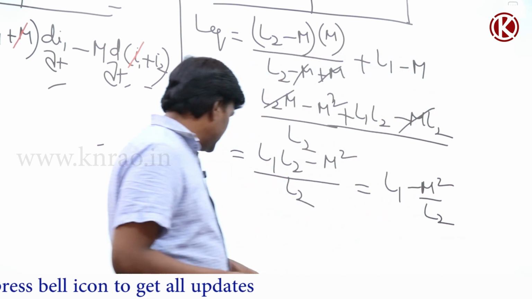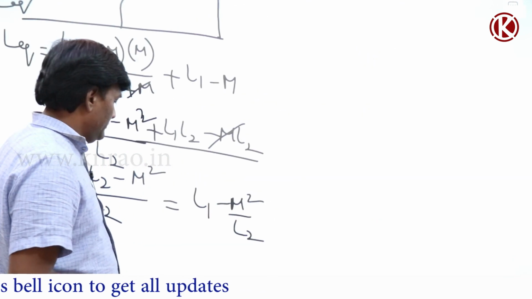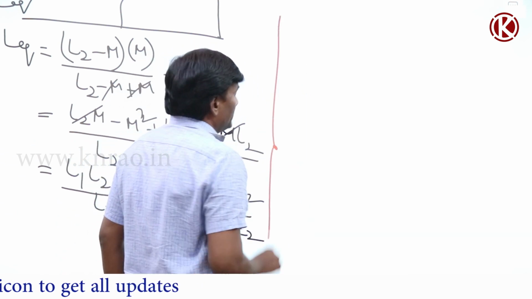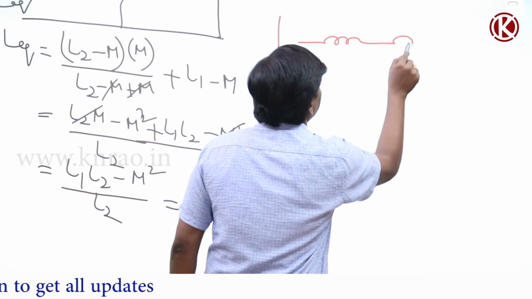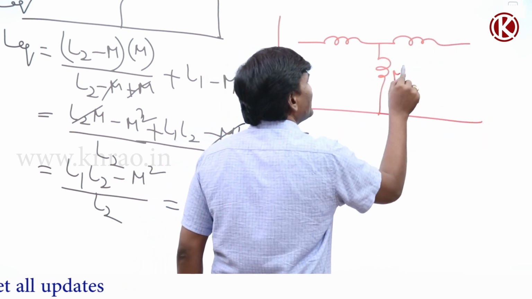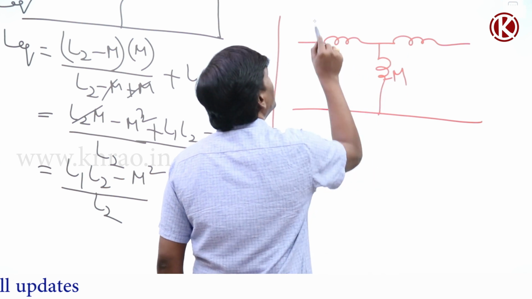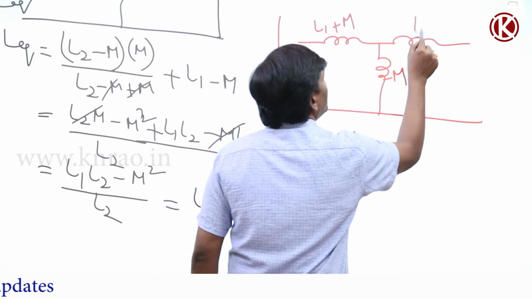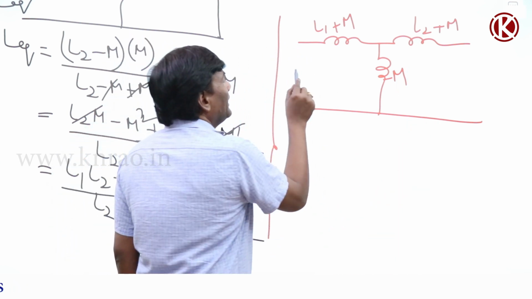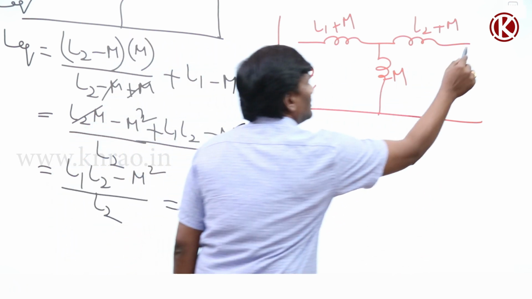See here, for opposing, if I think of the T model, it is going to be plus M, minus M, L1 plus M, L2 plus M. Let me calculate L equivalent across this after short circuiting.